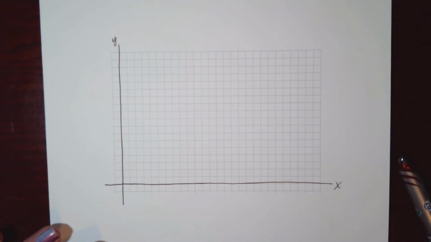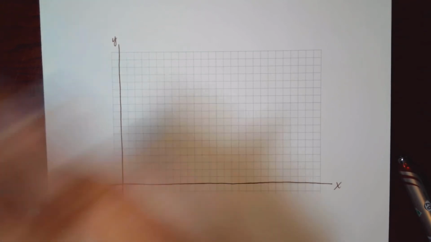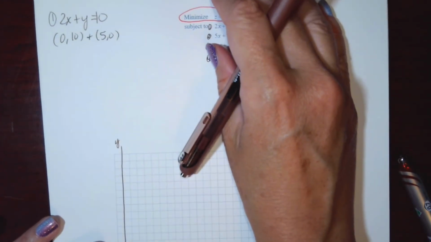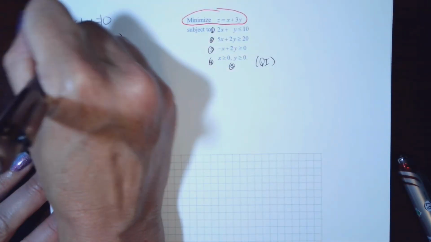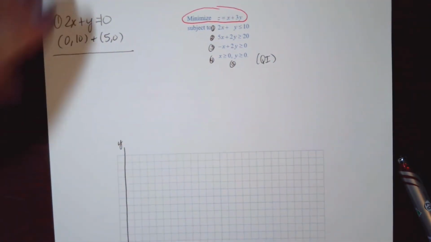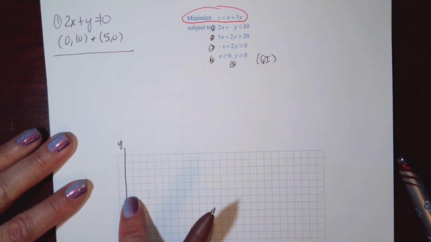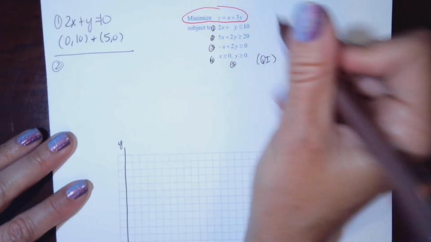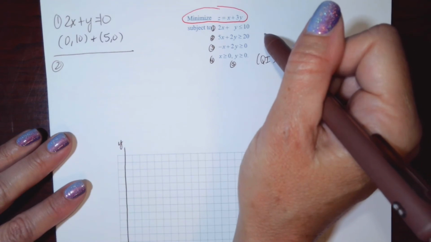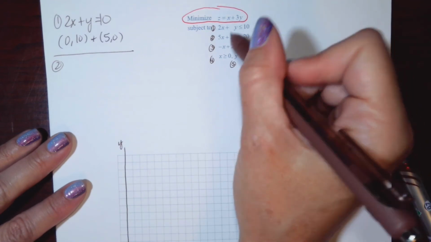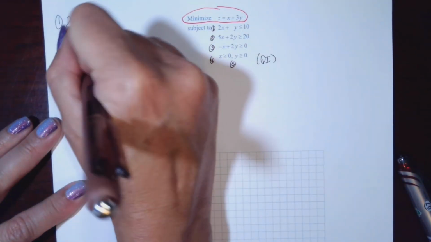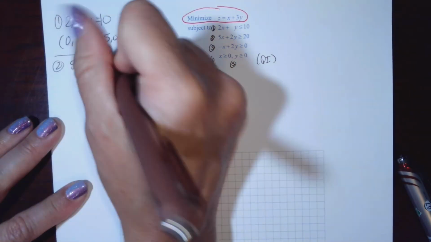You know what? Before I start graphing, I may want to think about what all of them are going to be so that I make sure I measure out if I need to count by 1s or 2s or 5s or whatever on my axes. So my second boundary line is at 5x plus 2y equals 20.